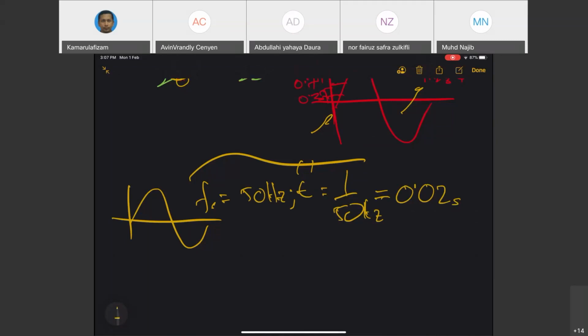Sorry, I got it wrong. This is our signal frequency. The sampling frequency is basically double, so it's 100 Hertz.